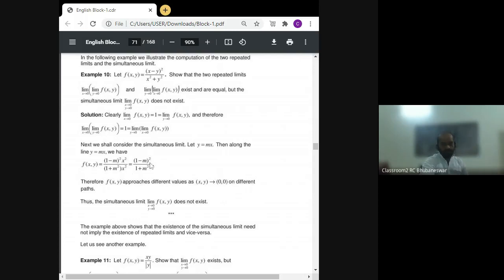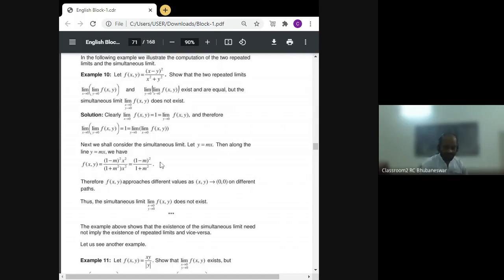After substituting y equal to mx in the given function, we take the limit as x approaches that particular point, here 0, 0. Then the value will be different for different values of m. So that's why the limiting value does not exist.